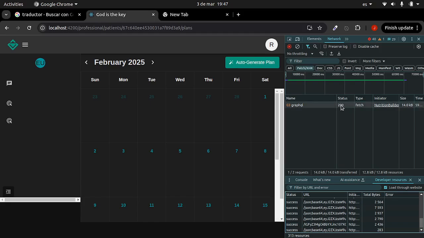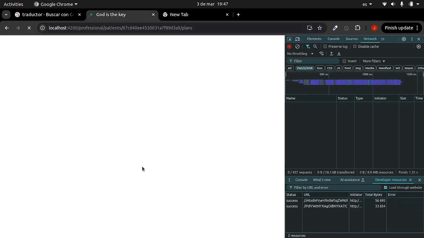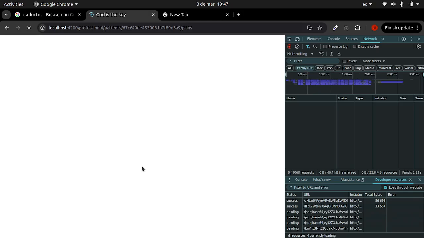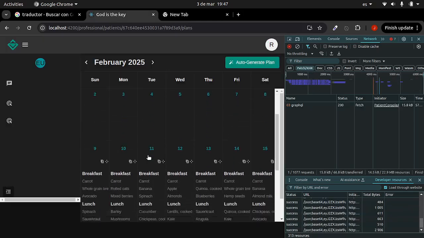Now the status is success, 200 means success, but you cannot see some data here. It is because I have a bug in my web application. But let's reload to see what data was created.